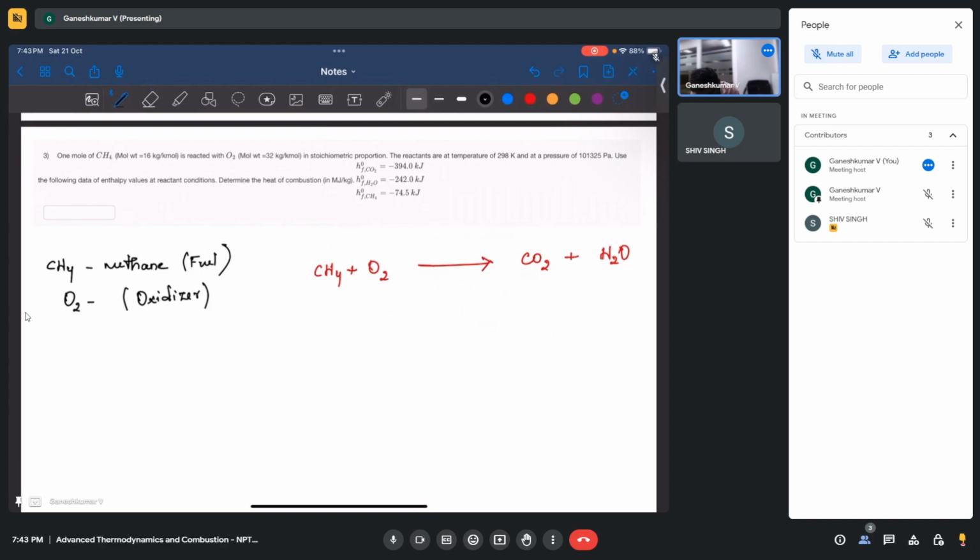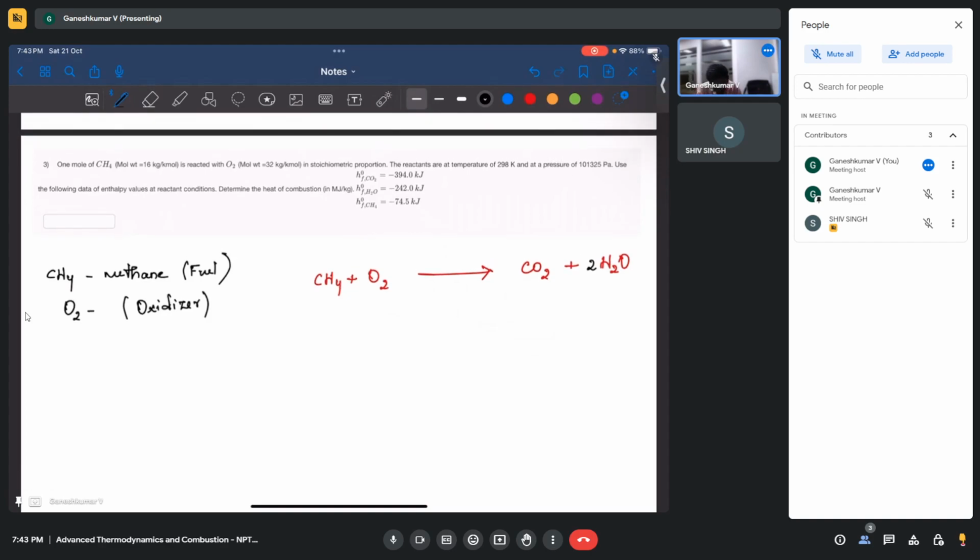If we want to balance, then it's going to be 2H2O to balance the hydrogen. And how do we balance O2? C is 1, H is 4, so this is going to be 2. So you have 2O2.